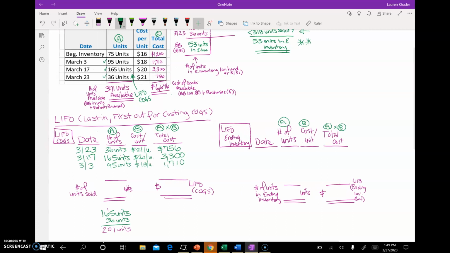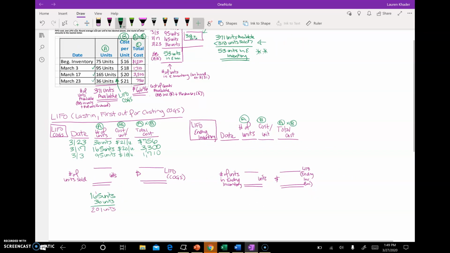Similar to what we did for FIFO, we're going to do the same thing for LIFO in this case, but this last layer is actually the layer we're going to break up. So right now, if I add in those 95 units from that last layer that we just expensed, I'm at 296 units expensed. And I know that I need to get to 318 units sold.